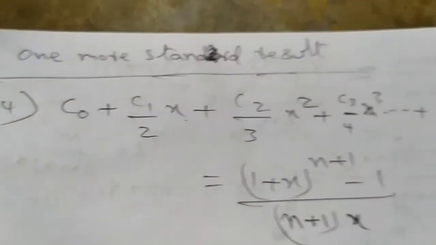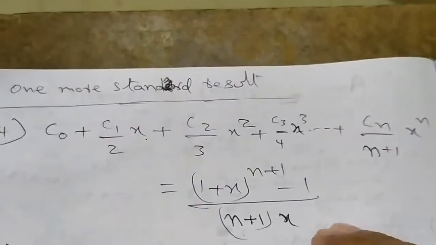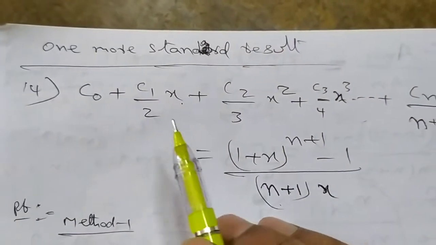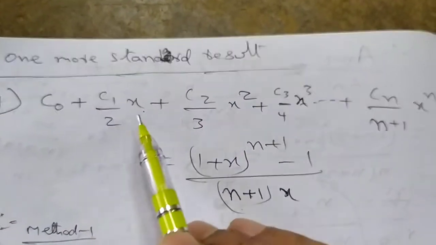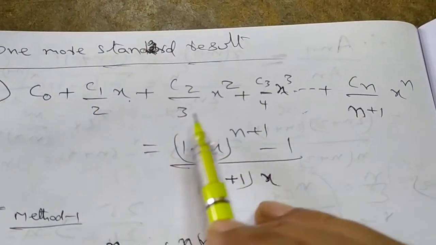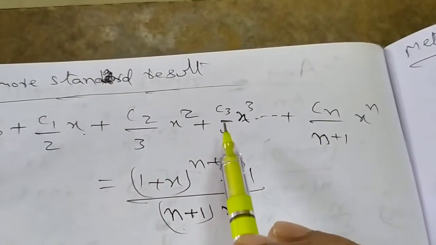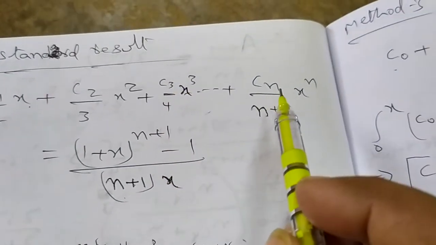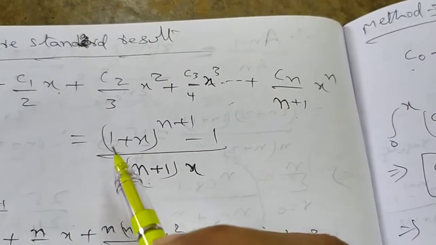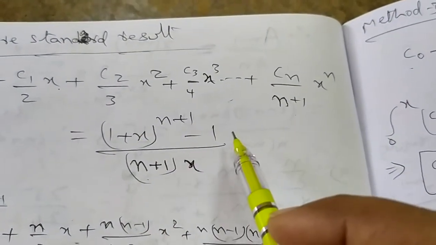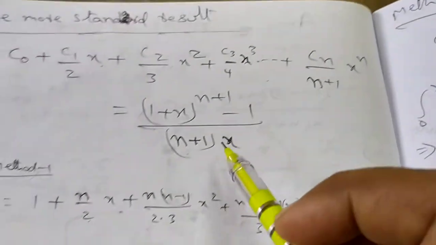See, one more standard result. This is also important, learn it by heart. The value of C0 plus C1 by 2 into x plus C2 by 3 into x square plus C3 by 4 into x cube and so on, plus Cn by n plus 1 into x power n, is (1 plus x) whole power n plus 1 minus 1, by n plus 1 into x.